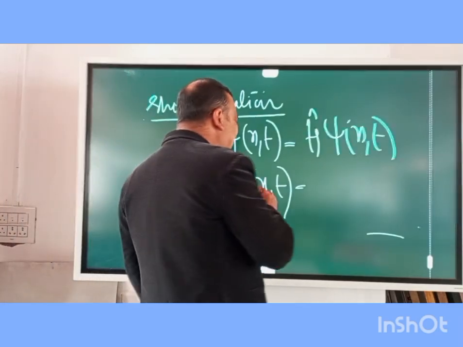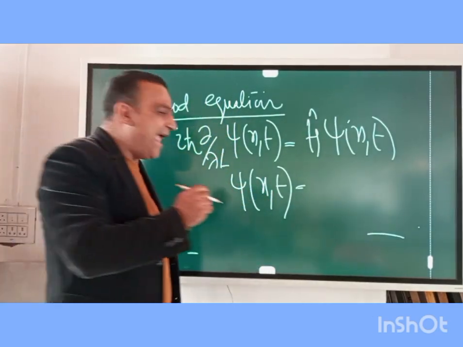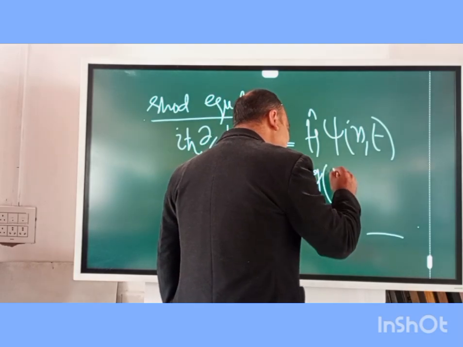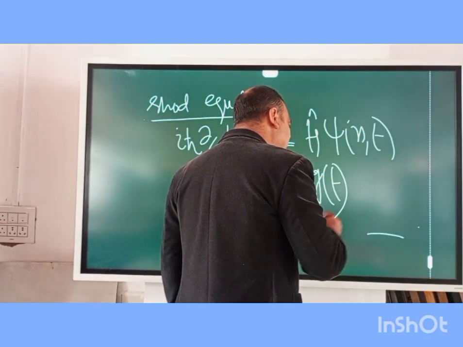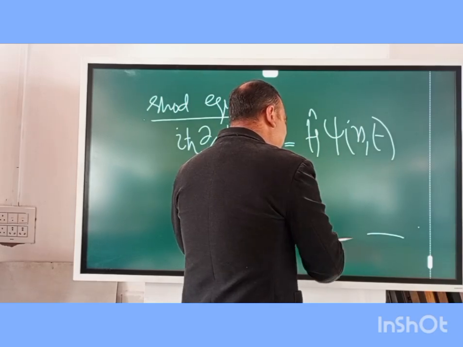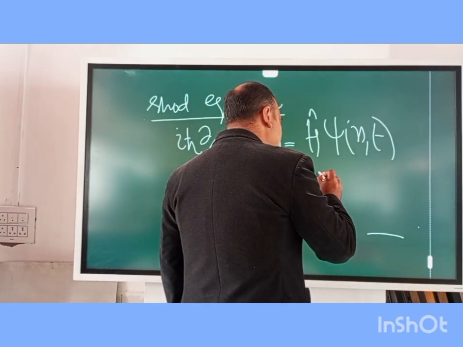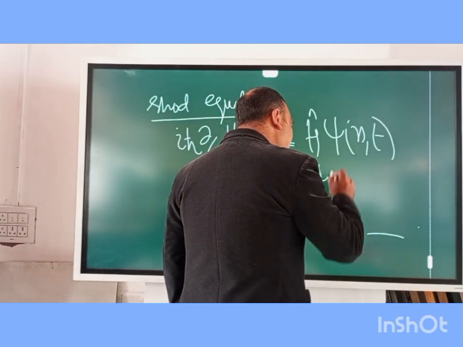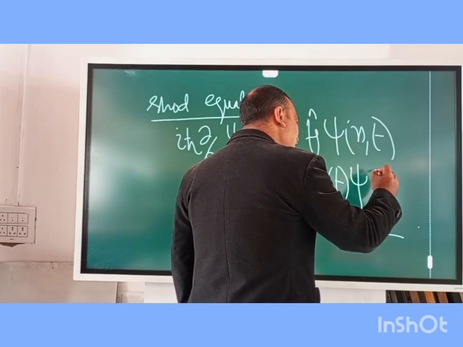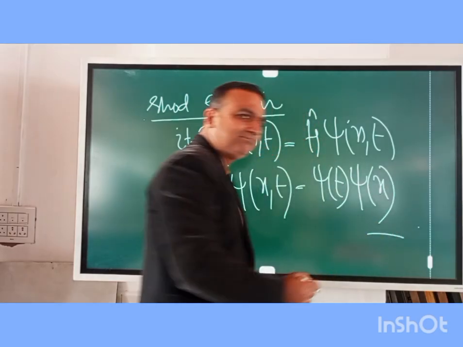I can think of psi of x and t as a product, say g of t times psi of x.